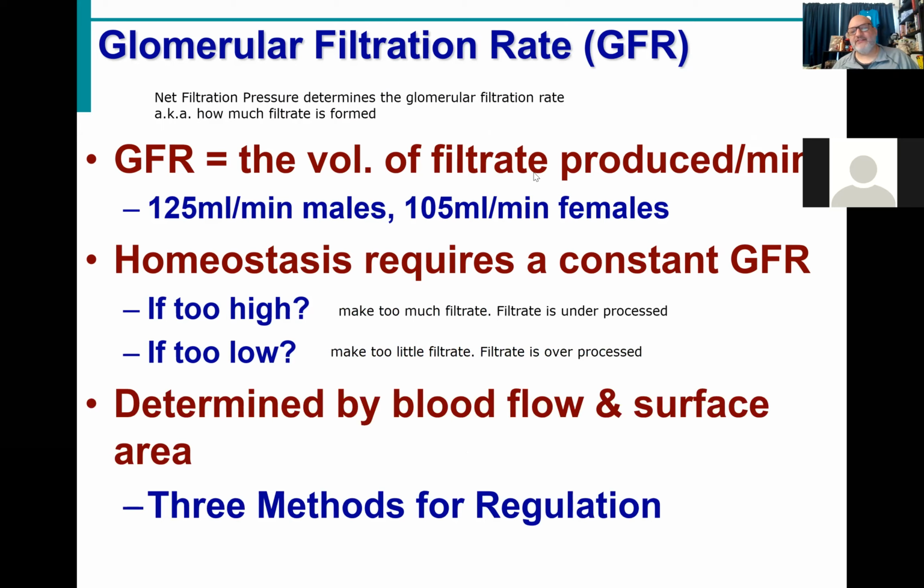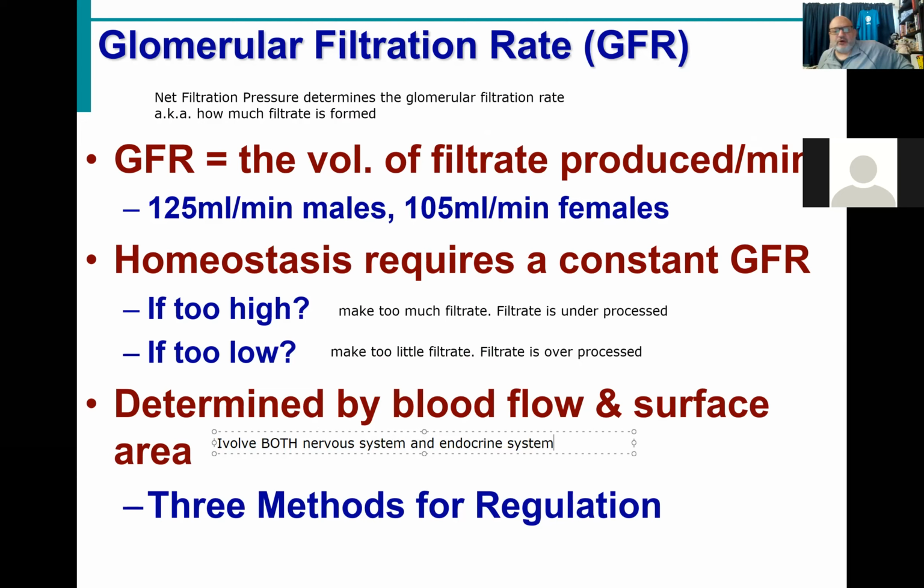So not surprisingly, we have three main ways that we need to control and regulate this process. And not surprisingly, it is going to involve both of our communication specialized organ systems, nervous system and endocrine system.